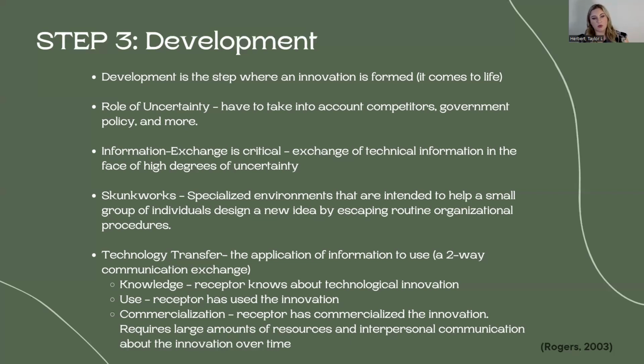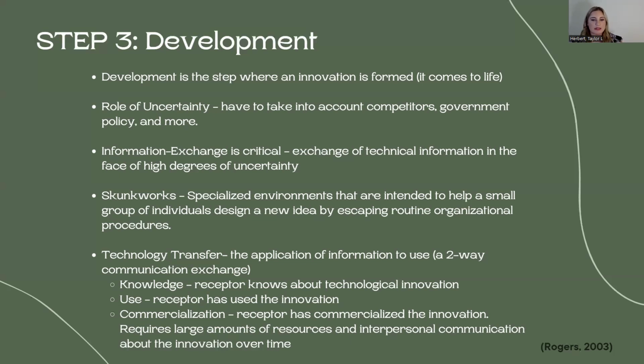And so they not only know about it, but they know all the ins and outs, they know how it works, things like that. And then the next is commercialization. So now the receptor has commercialized the innovation. So this stage requires a lot of resources and interpersonal communication about the innovation, and it will be over a period of time. But that is how the technology transfer works.